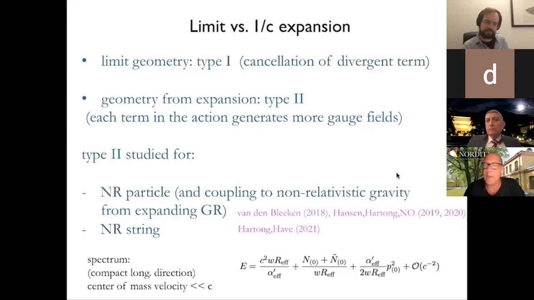There's a tachyon in the bosonic case. Not much has been done for the supersymmetric case, so I don't dare to say. The expectation is that the tachyon would be eliminated in the supersymmetric case.